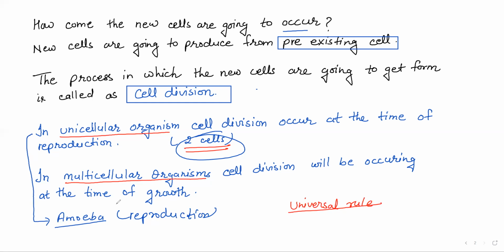Now, in the case of cell division, how is division occurring?